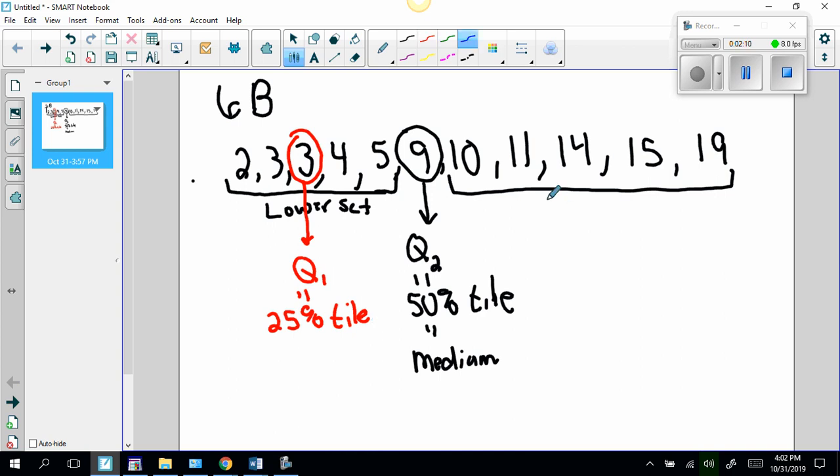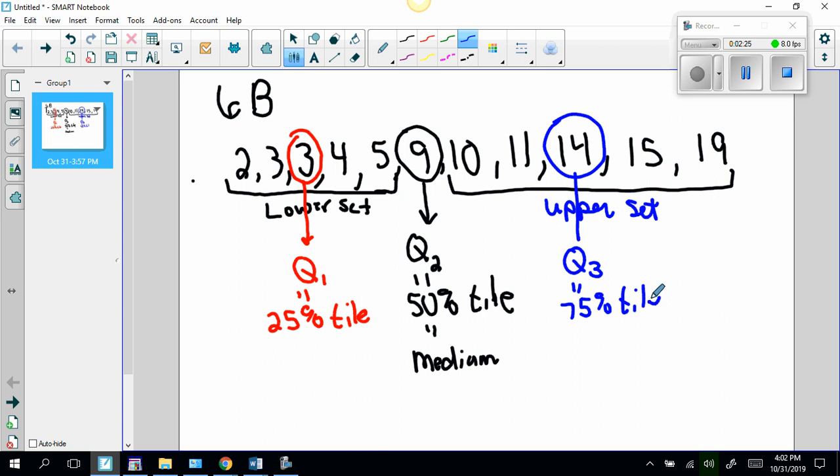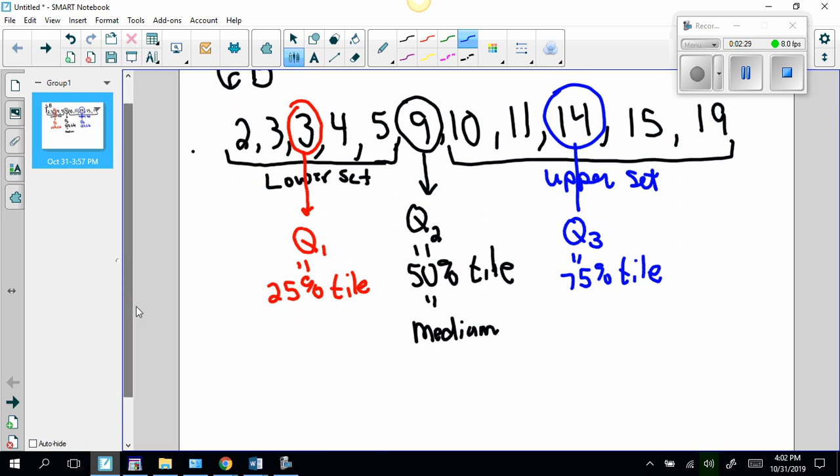And finally, you look at the upper set, and we find the middle of the upper set, and that's the third quarter, the 75 percentile marker. Now, we're also going to find the minimum, and we say min.